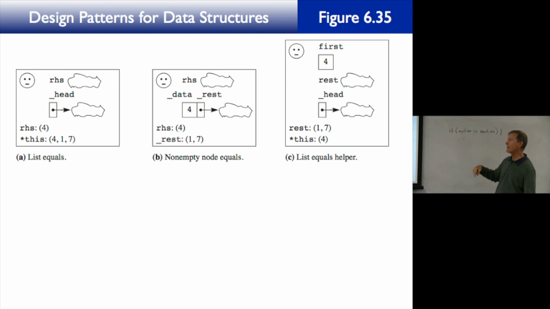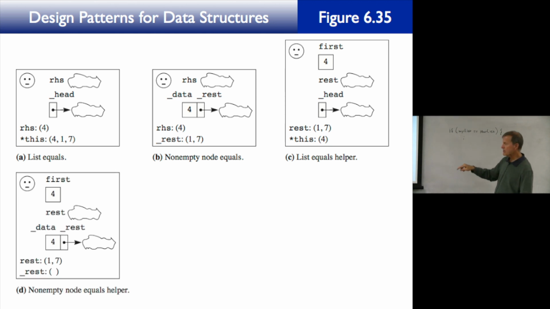But now what will the list do? The list version always calls the what? The node version, all right? So it will call the node version. So this is the non-empty node equals helper. All right? So now here's where we're going to finally make a comparison. The non-empty node equals helper is going to have what?